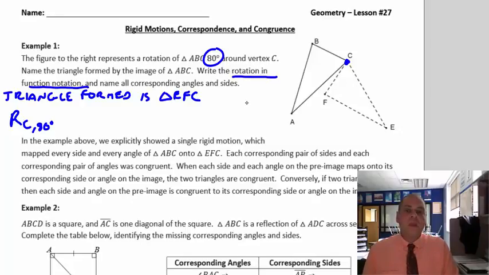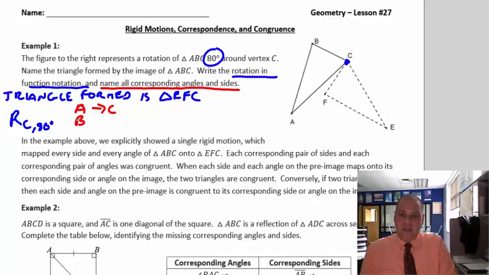Okay? And name all corresponding sides and angles. I'm going to switch colors for that. So name all corresponding angles and sides. Corresponding is going from what you started with to what you ended with. So A went to E. We already said that. So angle A corresponds with C. We already said that B went to F. So B corresponds to F. We'll just put an arrow.